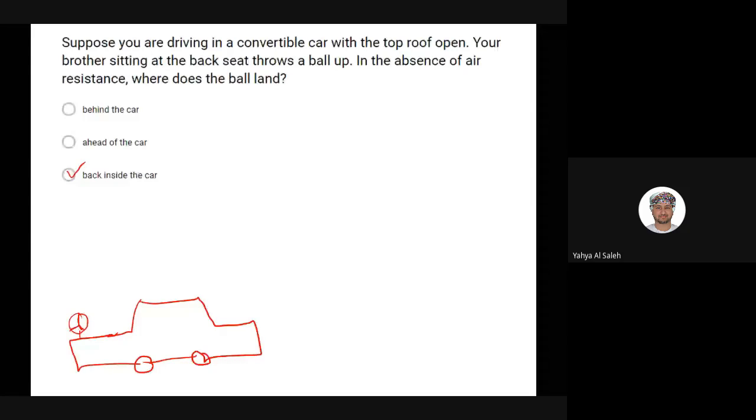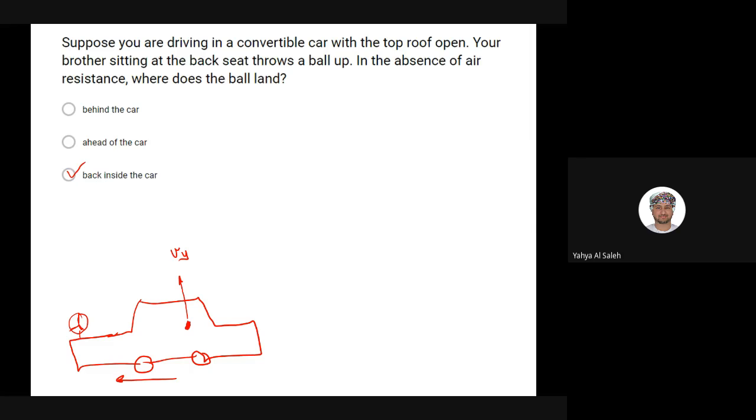So if the car is going in this direction and your brother throws the ball up, the key point is your brother throws the ball up, so he gives it a Vy, right?